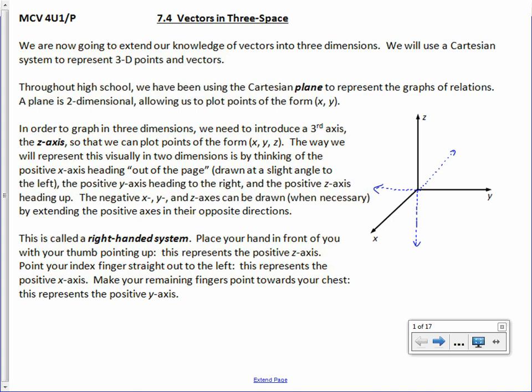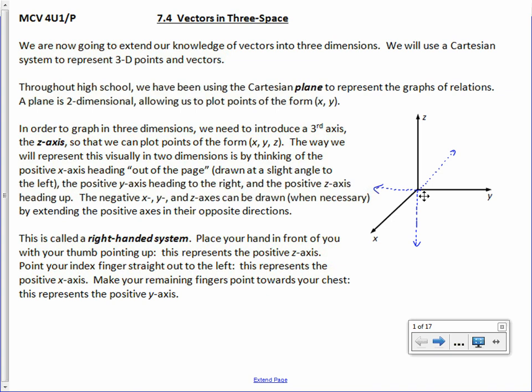Okay? So we call this a right-handed system. And we're going to do a little stretching with me. We're going to take our right hands. You place your hand in front of you with your thumb pointing up. So your thumb is the z-axis. Now, point your index finger straight out to the left.